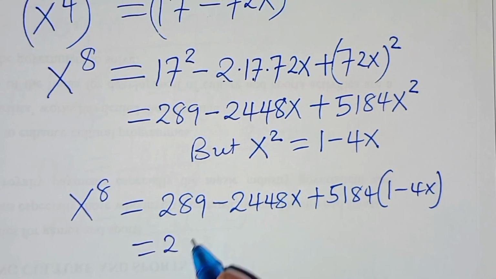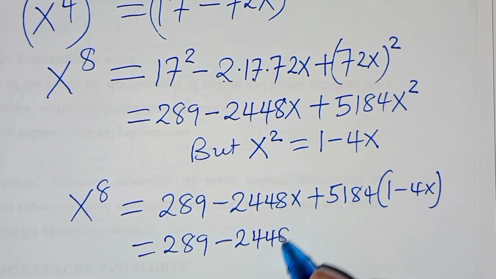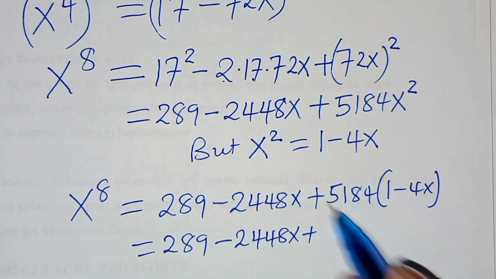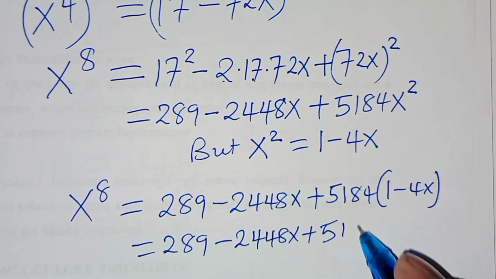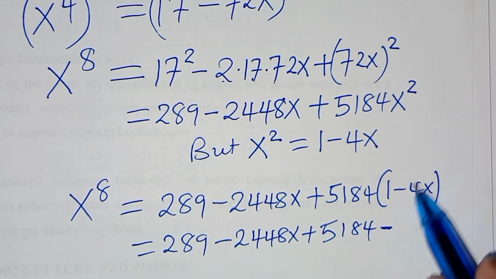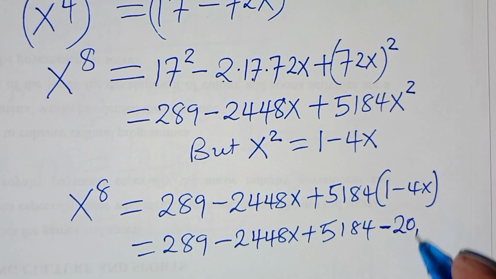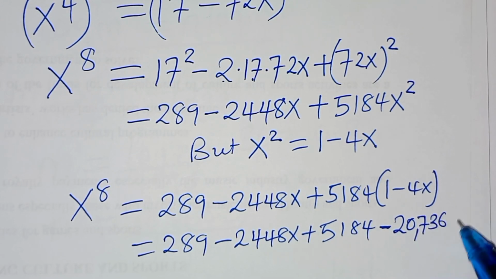So here we have 289 subtract 2448x plus 5184 times 1, this is 5184, subtract 5184 times 4x, this is actually equal to 20,736x.